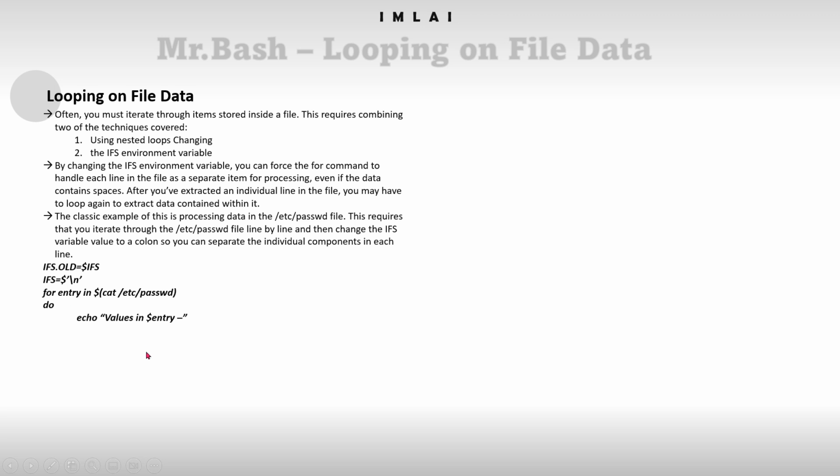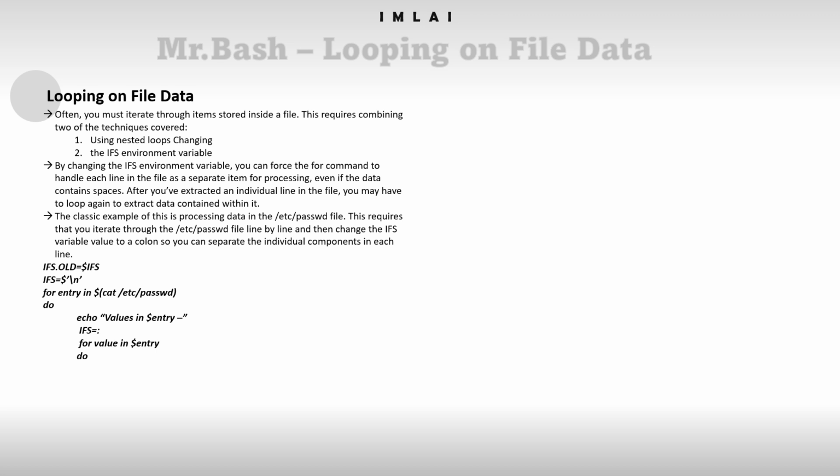After that, you do what you have to do: echo each line in entry. Then the most important thing, we have set our IFS, that is our environment variable, to a colon. So what does it say? You divide the values based on the colon.